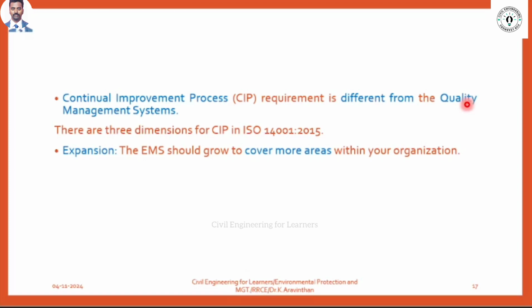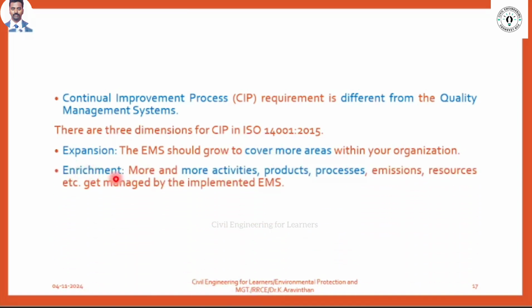So not only the organization, but stakeholders, distributors and consumers should also come under that. So this is called expansion. Continual improvement process should have expansion. It should expand and more areas should be covered.